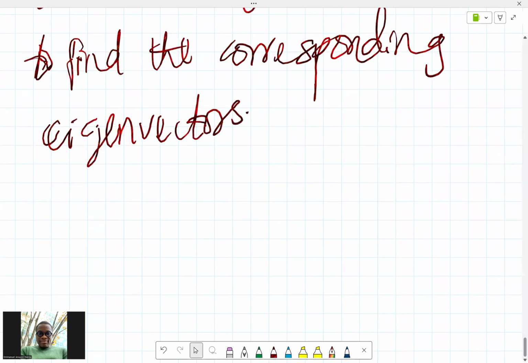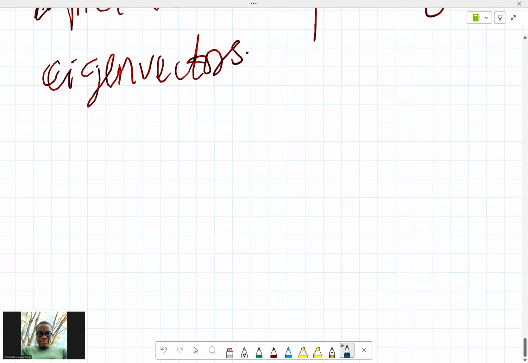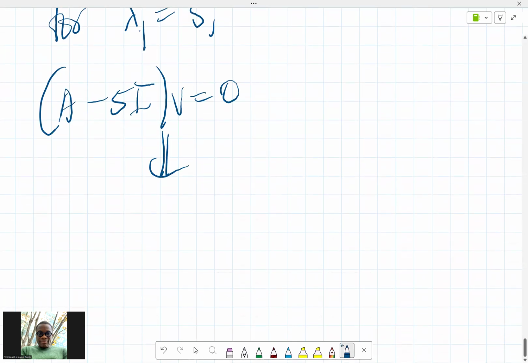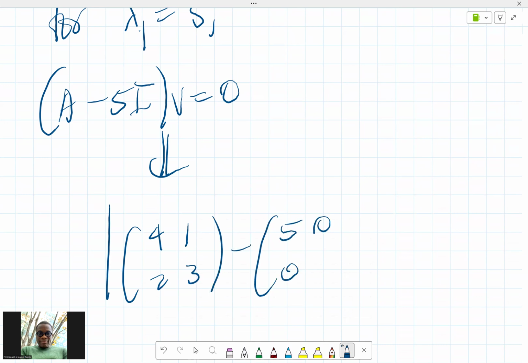So we go for that, and we can say that for lambda 1 equals 5, we have (A minus 5I) v equals 0. What this simply means is that A is again [4, 1; 2, 3] minus 5I, of course that'll be [5, 0; 0, 5].